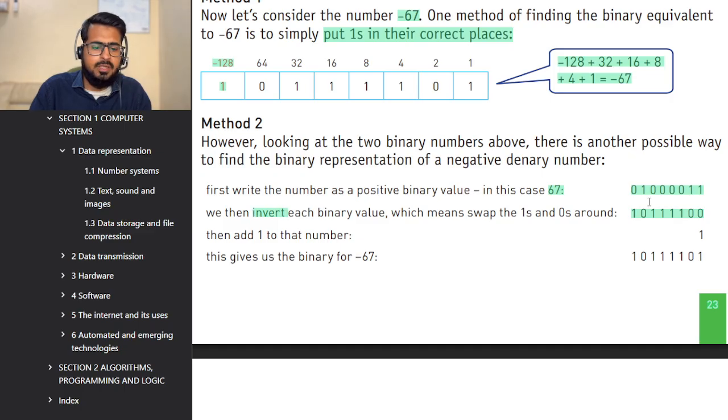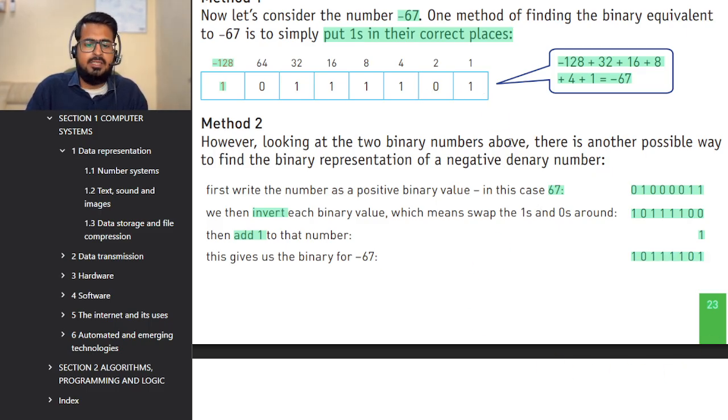So for example, if you get 01000011, which is equal to 67 in denary, you invert it into 10111100, right? Then the third step is to add 1 to that number. So when we do the binary addition of the inverted number of 67 and add 1 to it, we get the binary value which is equal to negative 67, right?